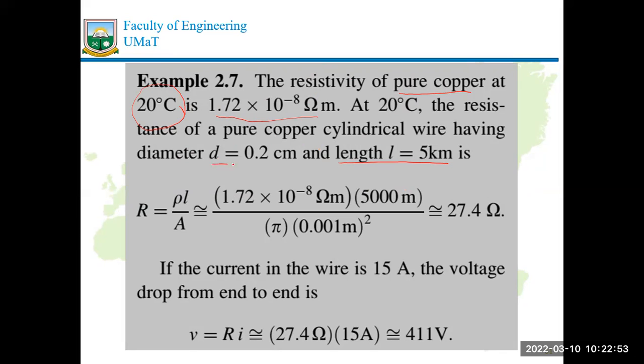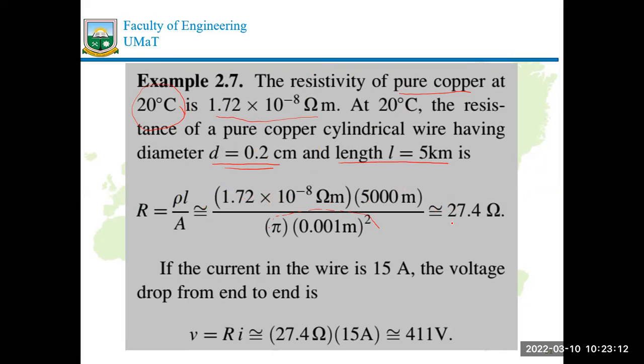And the diameter has also been given here. So in the same principle, we can calculate the area. Then all we need to do is divide our numerator, which is rho L, by the area, which is our denominator.